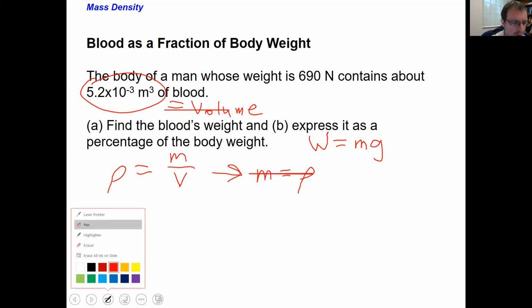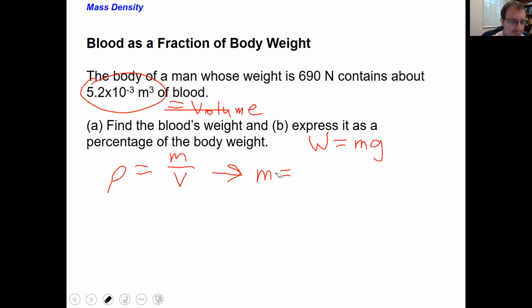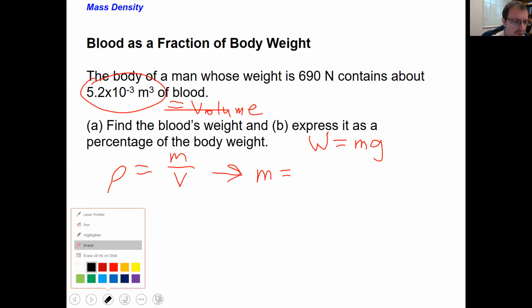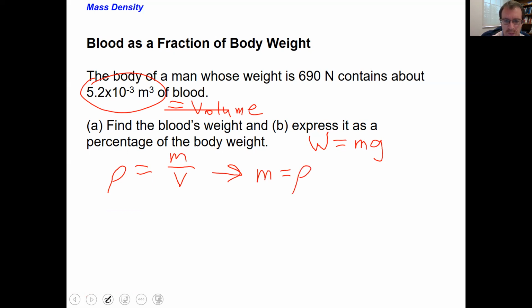I don't know why that does that. It makes those funny streaky lines, but it's got something to do with my computer. So I apologize for that. But mass is density times volume, if we rearrange that equation. And on the previous slide, we had that table of values. One of them actually was the density of blood.